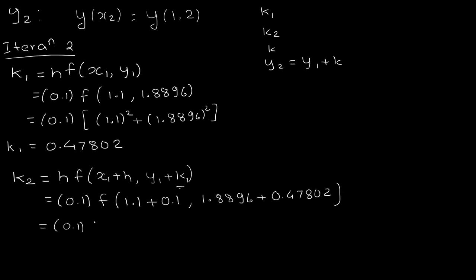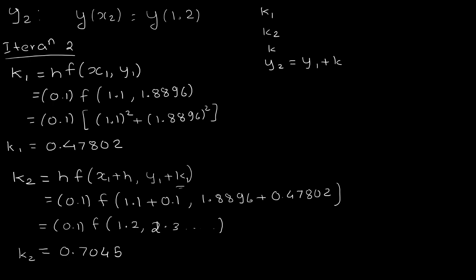That is 0.1 into f of 1.2 comma 2.3 and something. This will be some value. When you calculate it further, you get it to be 0.7045. This becomes your k2 value for iteration 2.